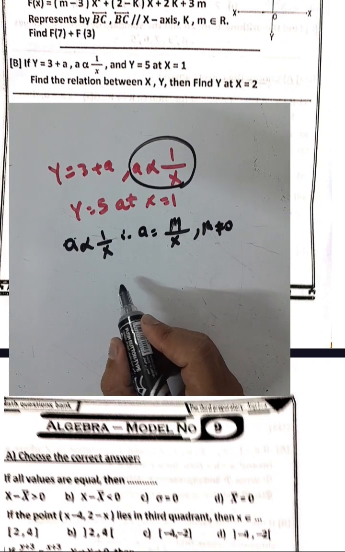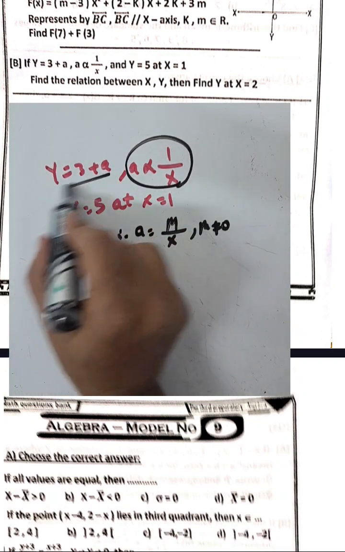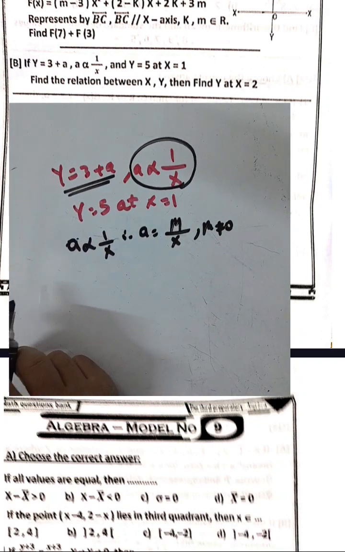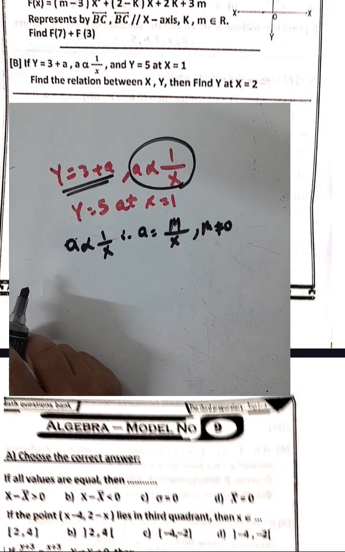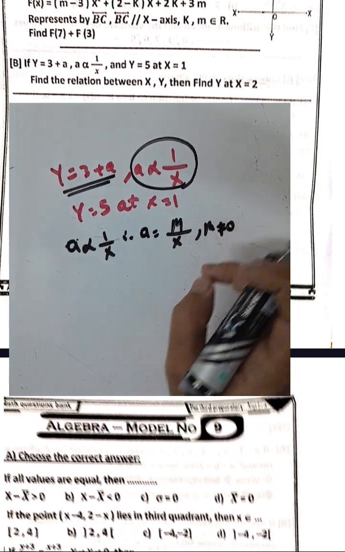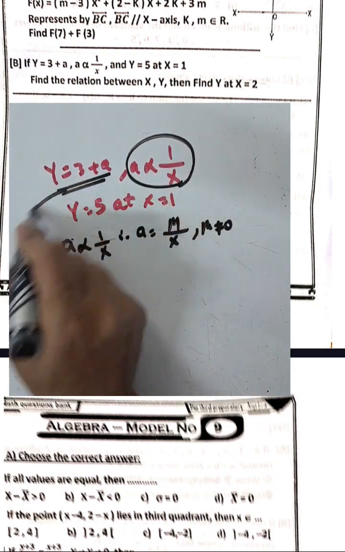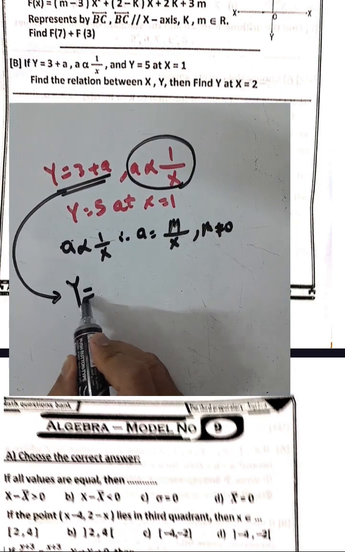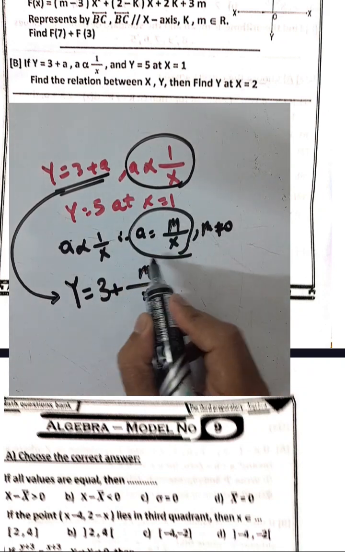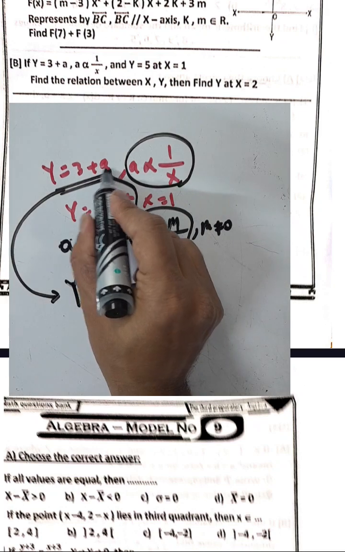Then we have y equal 3 plus a, and a has a relation with x. You can cancel a and write from this relation y will be 3 plus m over x. Cancel a and put it here with this constant.